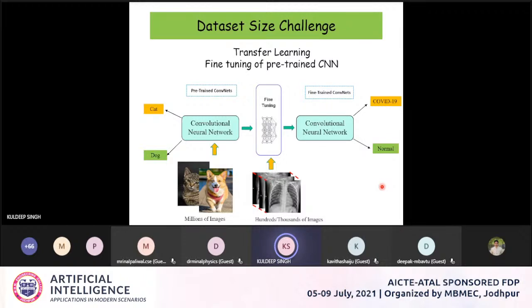The methodology of extracting edges and lines in a particular image won't change. That is the reason we need not train the starting layers for medical modalities specifically. If those starting layers are trained on a different data set, it will work fine. And the fine-tuning here means we are only retraining the last layers.